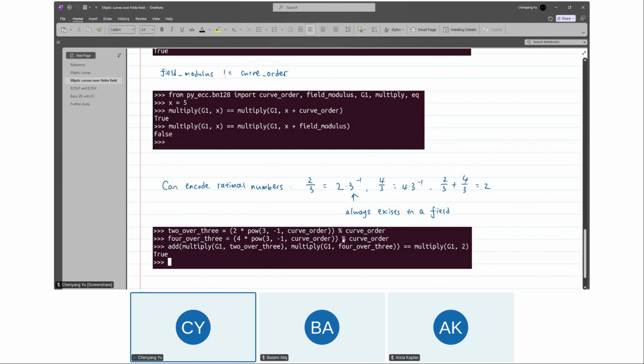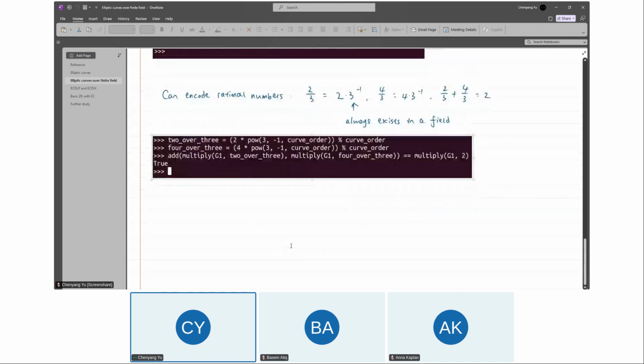This is a pretty sneaky bug you probably make if you don't put this mod curve order here. We can encode 4 over 3 in a similar way. If we assert that 2 over 3 times G1 plus 4 over 3 times G1 equals 2G1, this returns true.